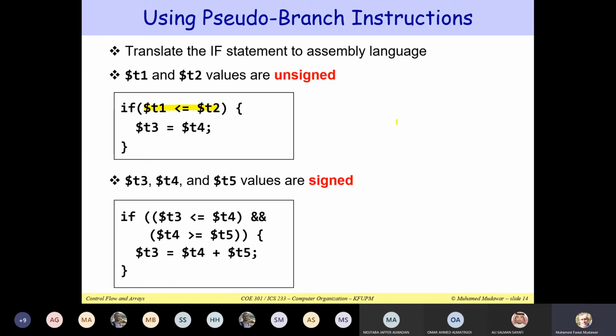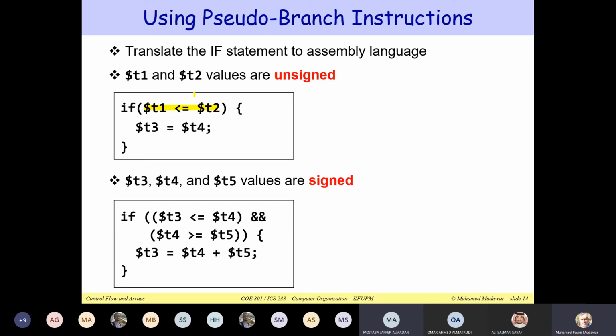Okay, sorry about this. Let me continue. So now let us take a look at the if statement. Are you still with me? Yes. Okay. Now, how do we translate the first if statement? Branch if, I can use greater, because less than or equal is not greater.